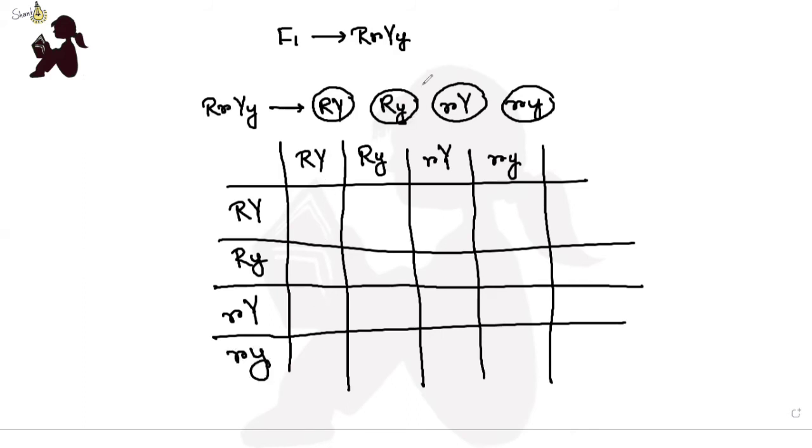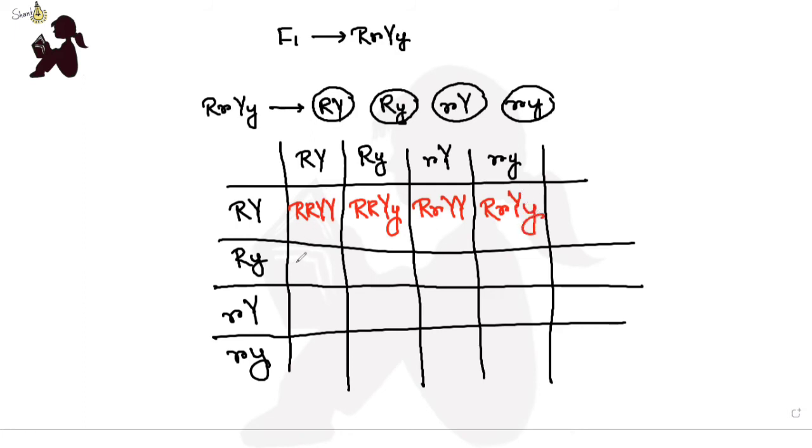Here the combinations will produce capital R capital R capital Y capital Y, then capital R capital R capital Y small y. Here capital R small r capital Y capital Y, then capital R small r capital Y small y.